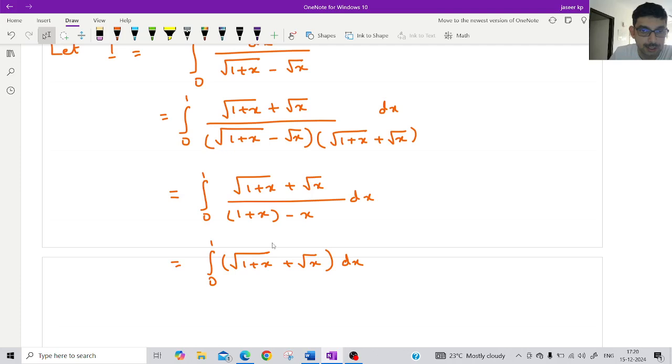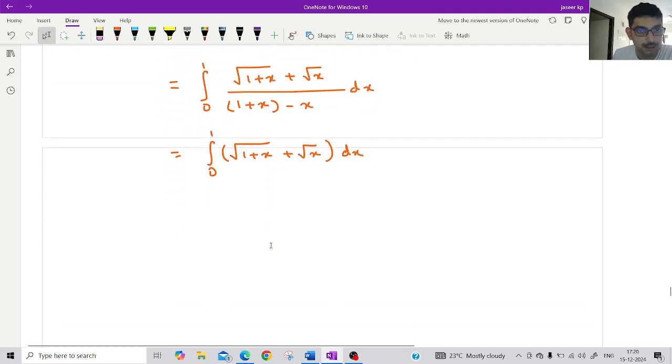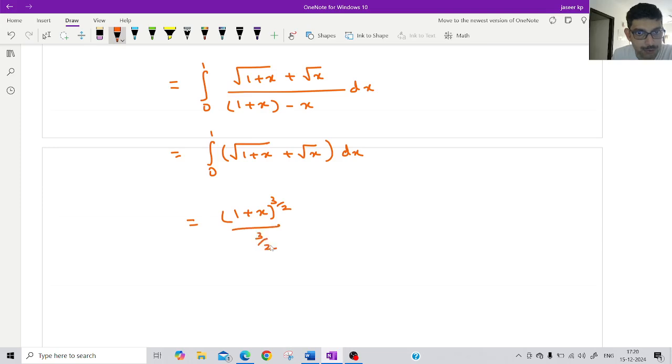So now integrating term by term, it can be written as 1 plus x to the power 3 by 2 divided by 3 by 2 from 0 to 1, minus x to the power 3 by 2 by 3 by 2 from 0 to 1.